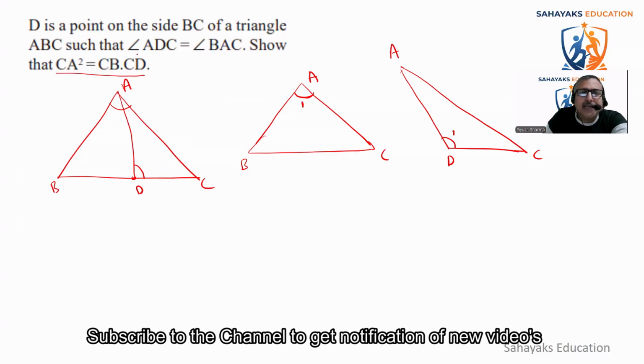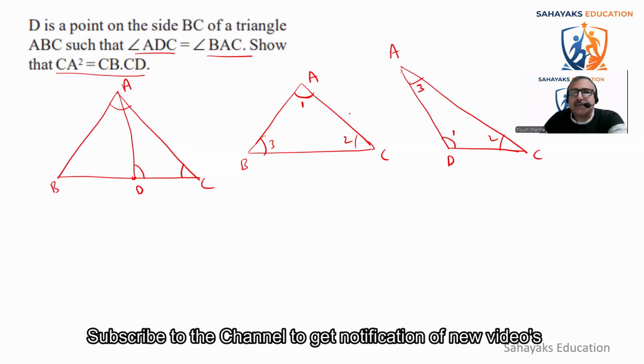It is given angle ADC is equal to angle BAC. And we know that angle C is common. So angle C is equal to angle C. So if I say this angle is 2, this angle is also 2. So we can say that these two triangles are similar. I'll just mention this angle is 3, this angle is also 3.